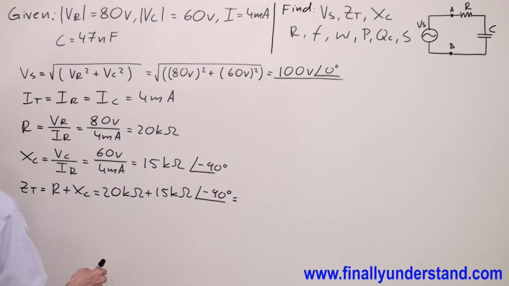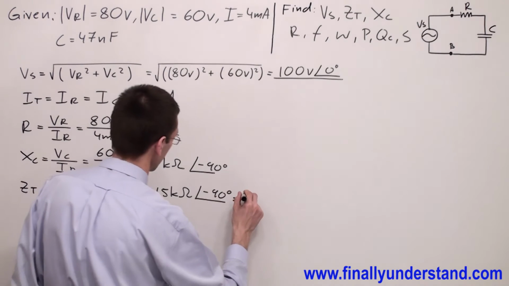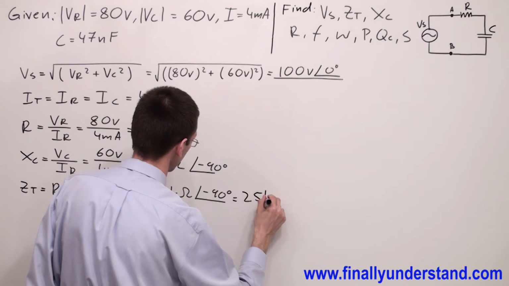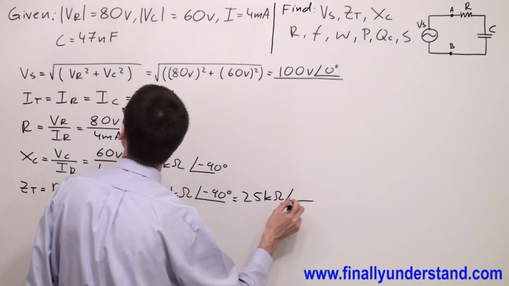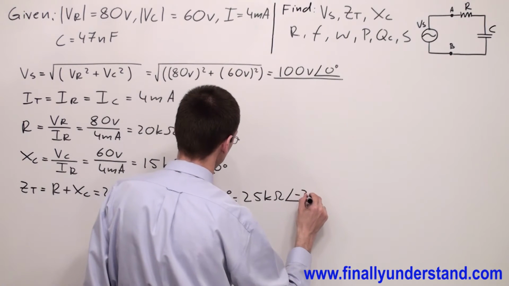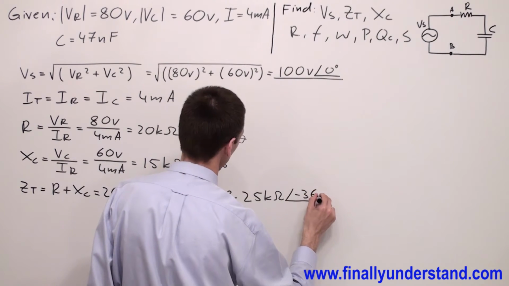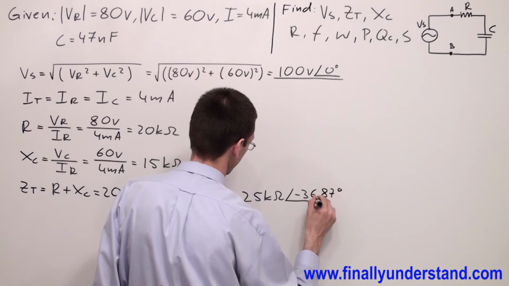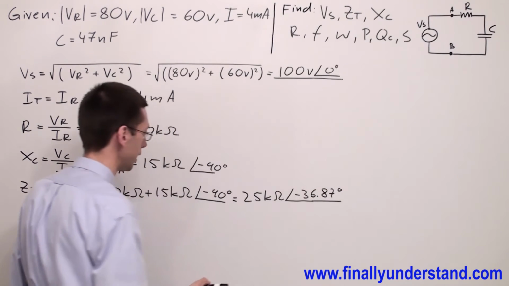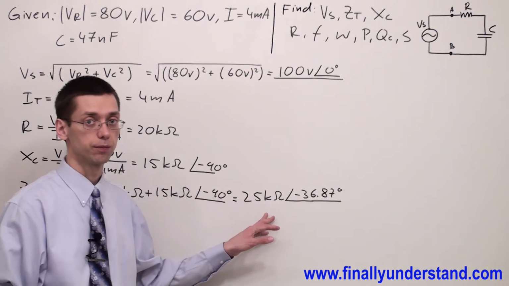This is equal to 25 kilo ohms and angle of negative 36.87 degrees. So this is my Z total.